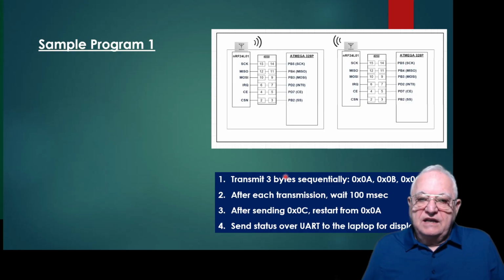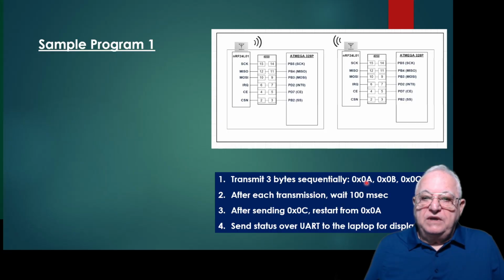The next thing I have is that the first sample program deals with the receiver, but you need to know what's being transmitted, so you can understand the data. So the transmitter is going to send sequentially 3 messages: hex A, hex B, and hex C. Now we don't transmit the same message because we want to see what messages are dropped.